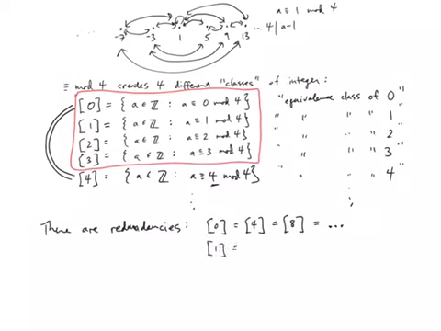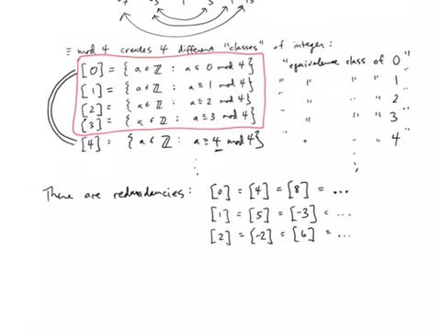So the equivalence class of 1, that's the same as the equivalence class of 5, or of -3, etc. And then 2 and -2 and 6, they all differ by some multiple of 4, and 3 and -1 and 7, etc.